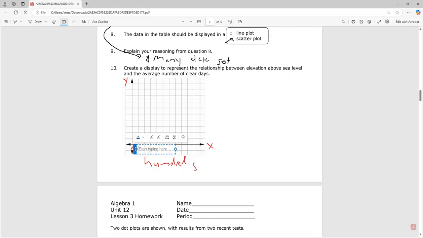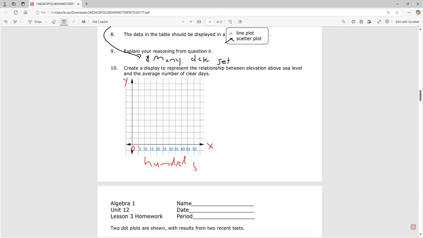All right, so this will be 500, 1,000, 1,500 feet, 2,000 feet, 2,500 feet. This will be 3,000 feet, 3,500 feet. This will be 4,000 feet, 4,500 feet, and 5,000 feet. Because that's everything bigger than that.